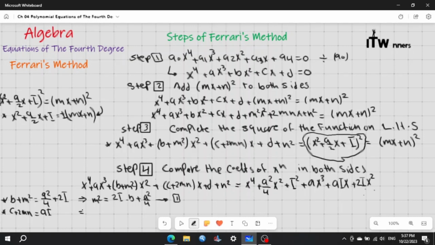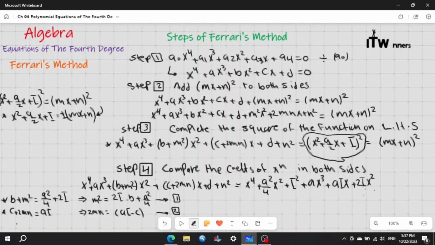So here 2mn will be equal to ai minus c, and let's name this 2.